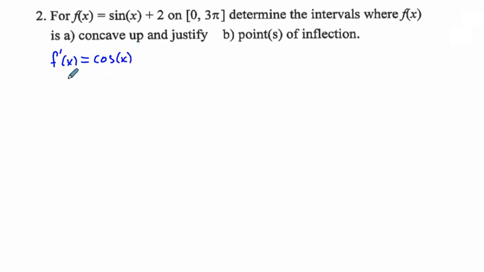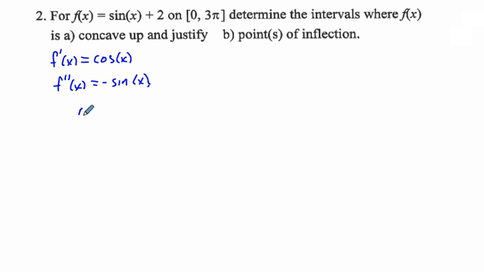And then we're going to take our second derivative, f double prime of x, which is going to be equal to the derivative of cosine, which is negative sine x. And so we're going to set this equal to 0 and see where the sign is.